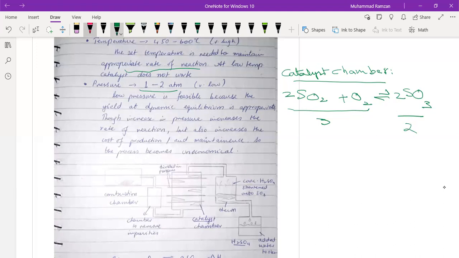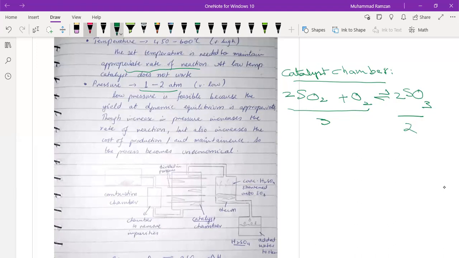No, because if you see the profile, reactants are more in moles, products are less. High pressure favors the forward side towards the lesser number of moles. But over here, we are applying low pressure.